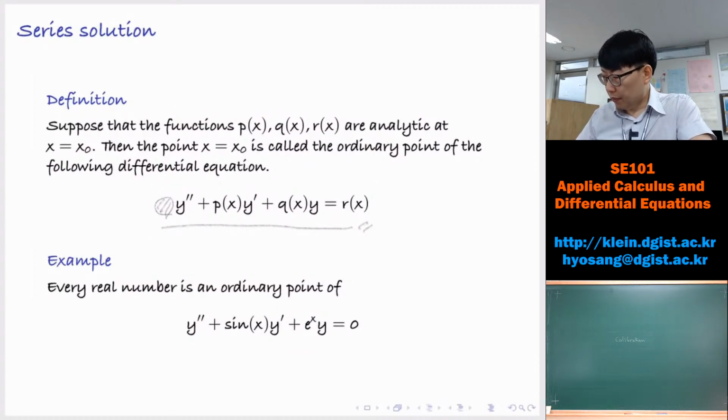So for example, if you have a differential equation of this form, then you can take any real number as an ordinary point, because sine x and e to the x are analytic at every real number.